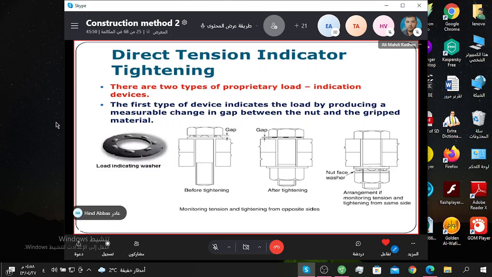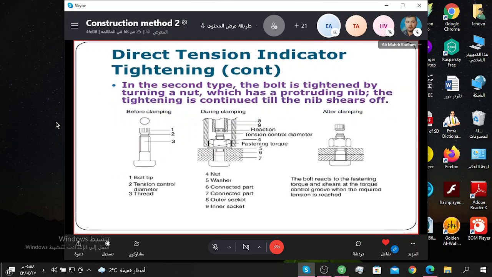The first type of device indicates the load by producing a measurable change in gap between the nut and the gripped material. In the second type, the bolt is tightened by turning a nut which has a protruding knob. The tightening is continued till the knob shears off.